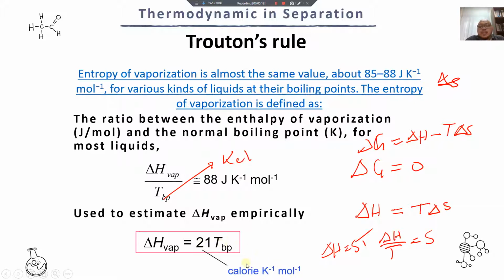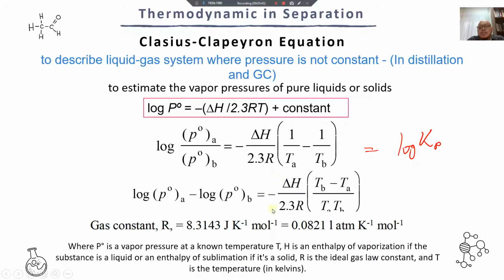If you use joule per K per mole, then you need to use this. So you can use this to estimate the enthalpy of vaporization, and then substitute into this particular equation.